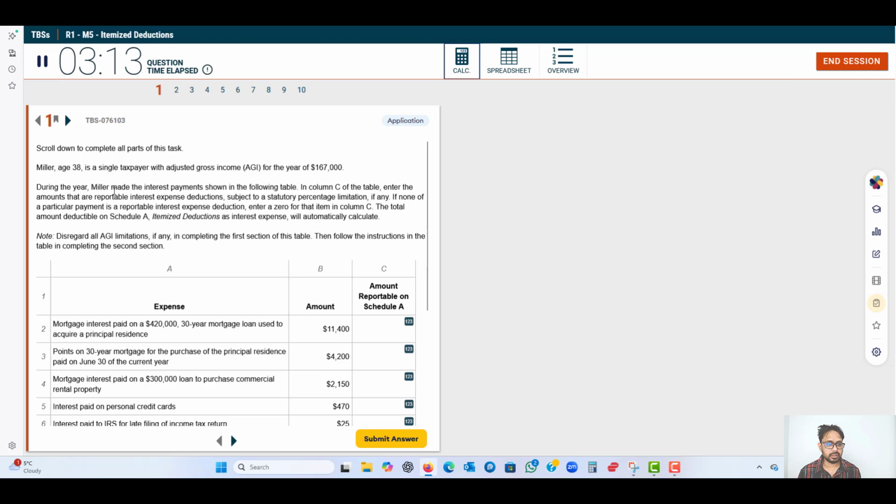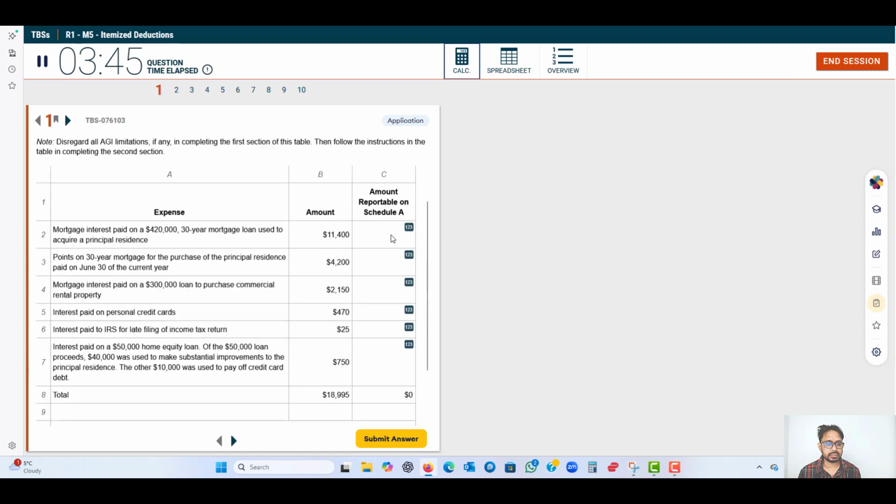During this year, Myler made the interest payments shown in the following table. In column C of the table, enter the amounts that are reportable interest expense deduction subject to a statutory percentage limitation, if any. If none of a particular payment is a reportable interest expense deduction, enter a 0 for that item. The total amount deductible on a Schedule A itemized deduction as interest expense will automatically calculate.